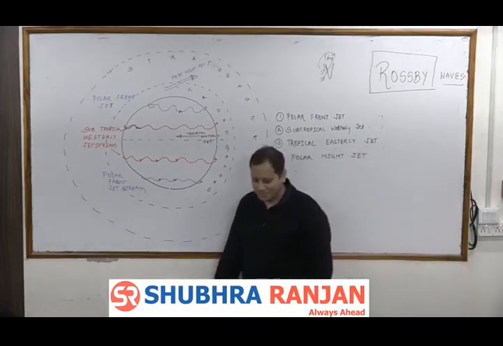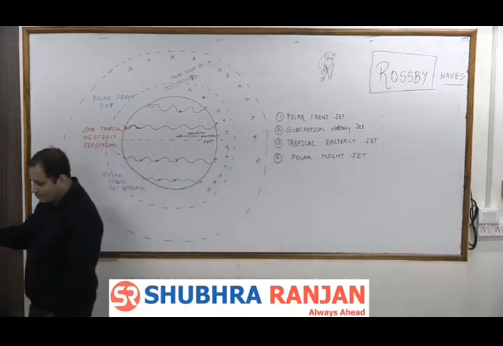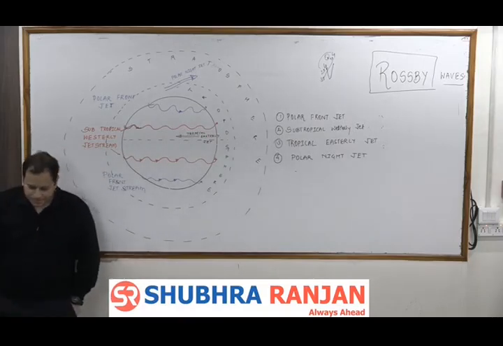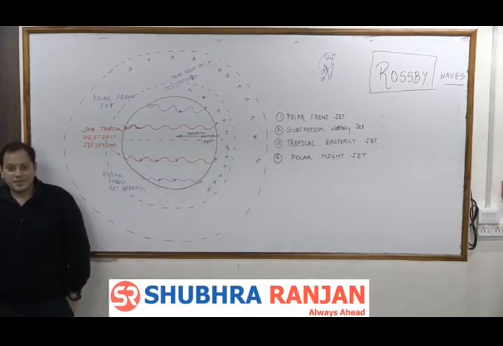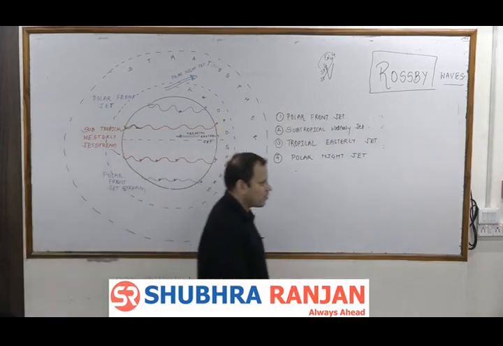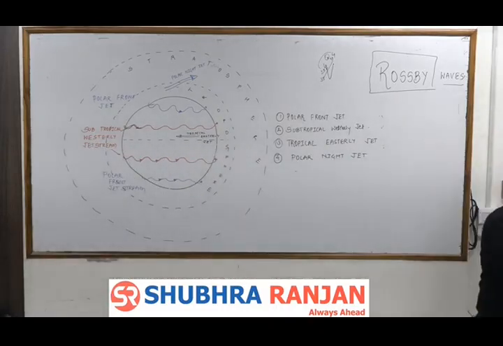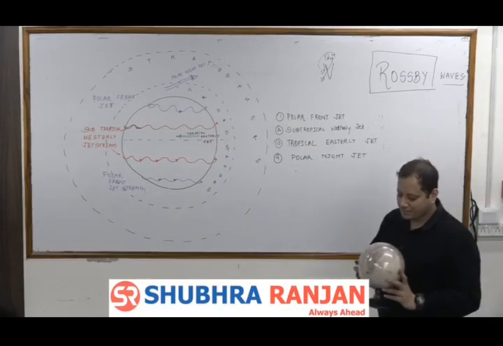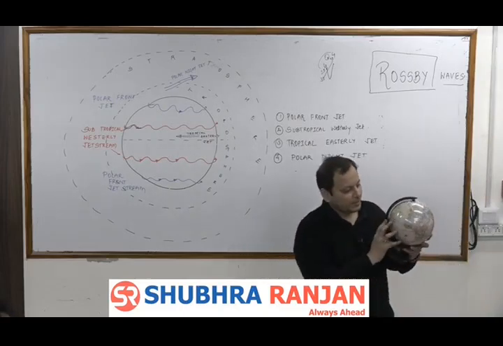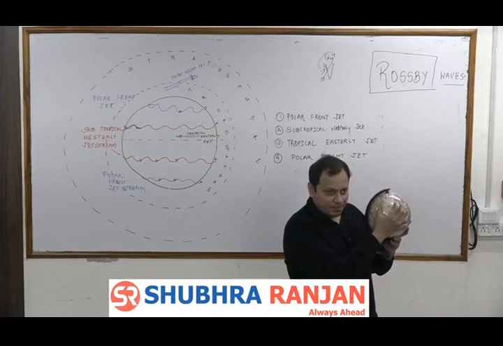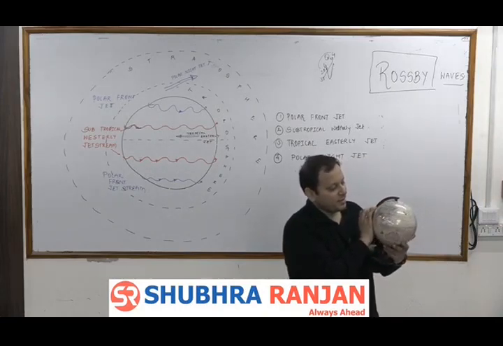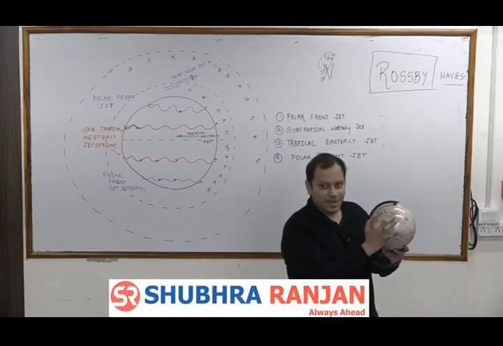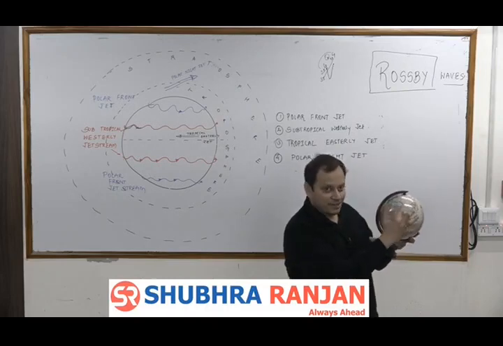For example, point number A, the polar front jet stream brings moisture, temperate cyclones, but temperate evergreen taiga forest in Siberia. कहाँ से आया ये, यहाँ पर बारिश कैसे होगी?